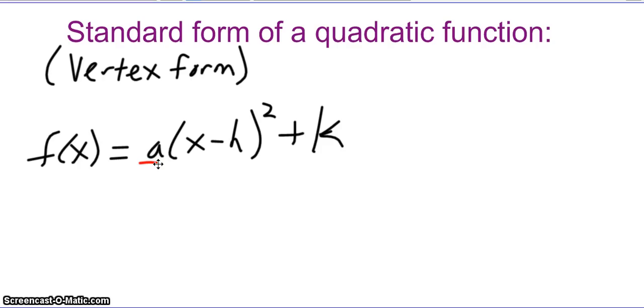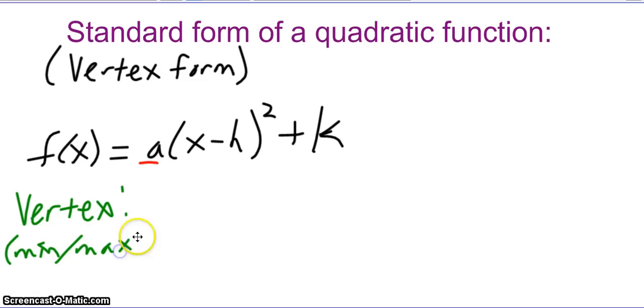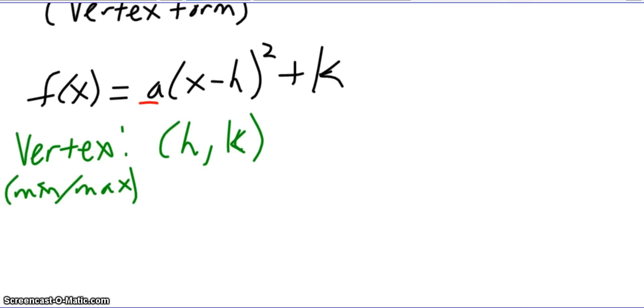But now notice we don't have the b and c, we have an h and k. And this form is nice because h and k tell us a lot about the quadratic function. They tell us the vertex. So the vertex, which is also called the min or the max, depending on which way the parabola opens, is the point (h, k).